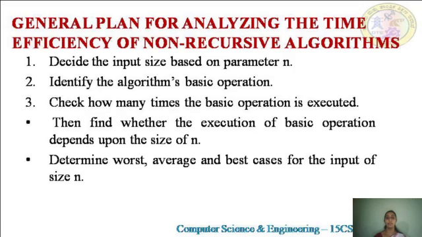In the third step, we check how many times the basic operation is executed in the algorithm. Then we find whether the execution of the basic operation depends upon the size of n. If it does, then we determine the worst, average and best cases for inputs of size n.